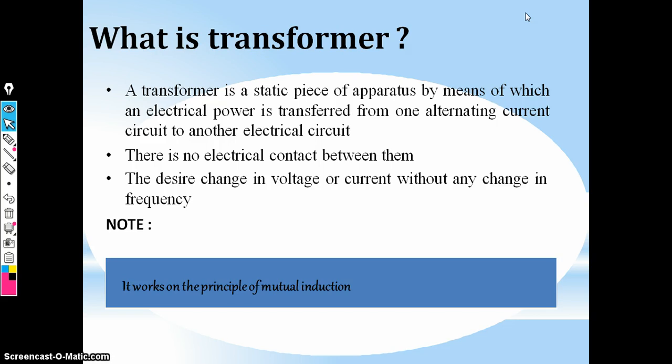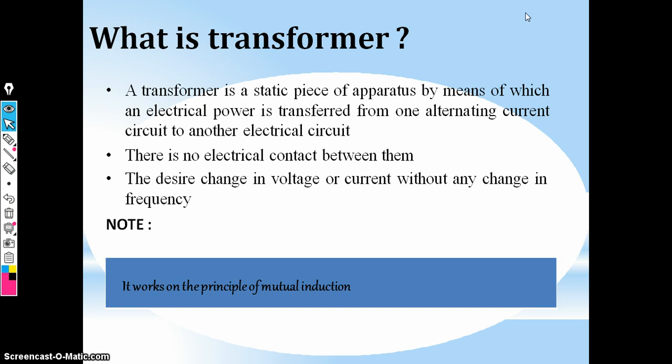Also, there is no electrical isolation between the transformer windings. Also, this transformer changes the voltage level from one input side to another side.